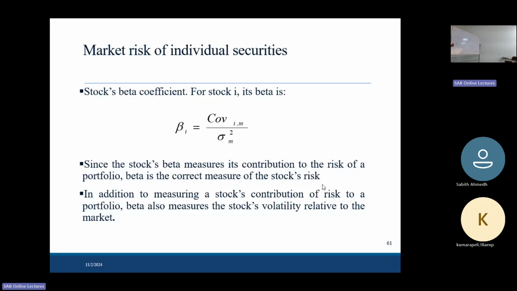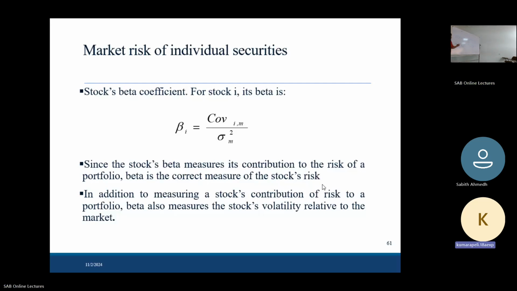Always remember, the beta coefficient for the market portfolio is equal to 1. That is theoretical. Parallel to this, we define the common beta.